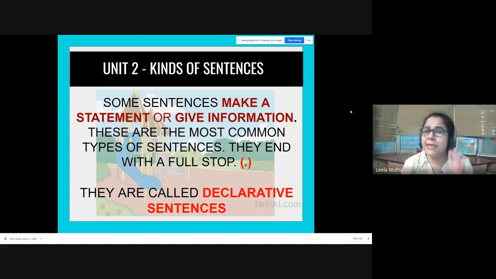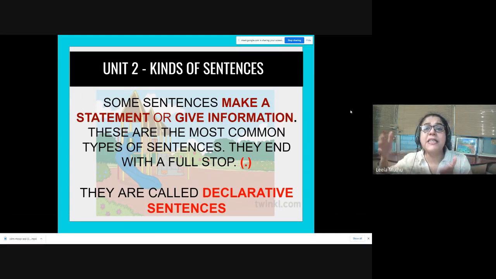Don't put all your eggs in one basket. All these are proverbs, and they're basically statements of fact. These sorts of sentences give information or are statements of facts. For example, the earth is round. The earth revolves around the sun. The earth rotates on its own axis.